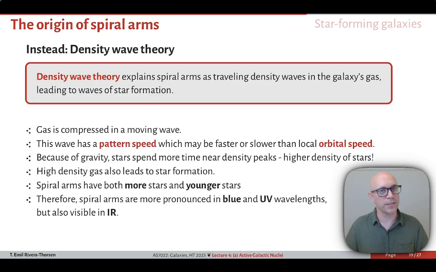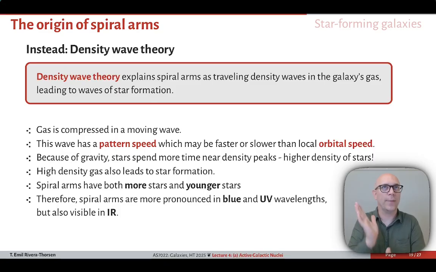In the density wave theory, gas is compressed in a moving wave that travels through the disk in a rotating, sweeping pattern. This wave has a pattern speed, which is the speed at which the density wave pattern travels, and which is not generally the same as the local orbital speed of the gas and the stars in the galaxy.